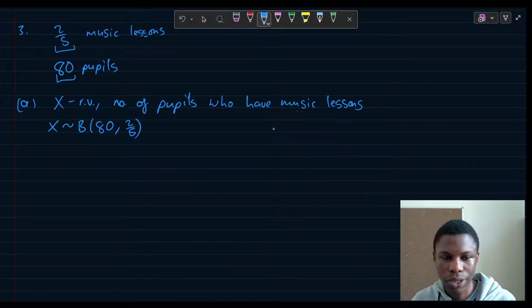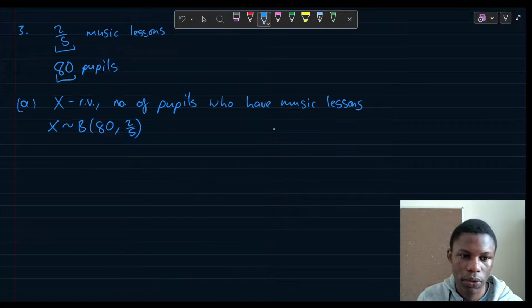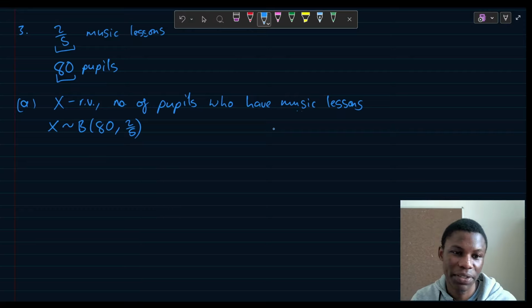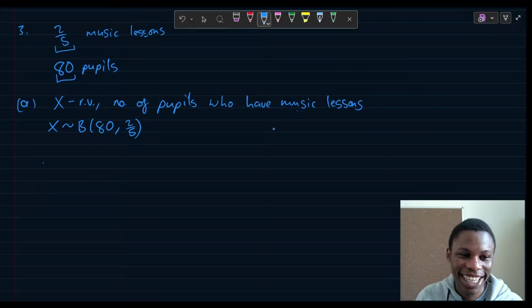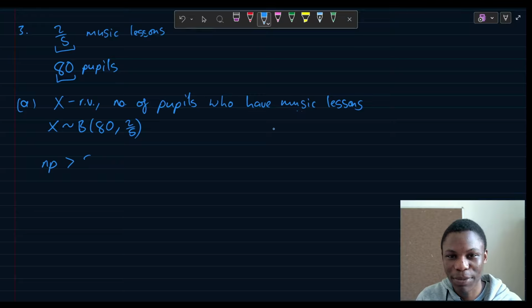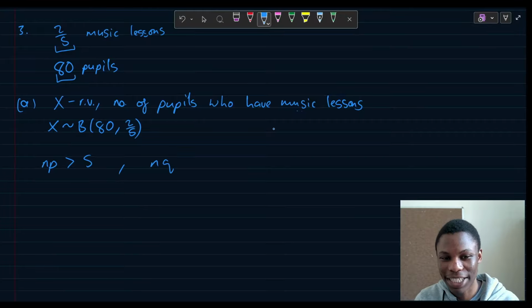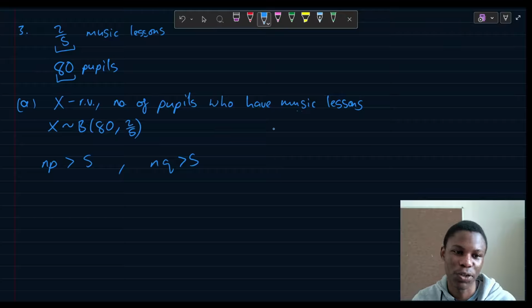And we're told to use an approximation. So I'm suspecting we have to use a normal approximation. Well, I'm not suspecting, I know, but just to check the conditions, we're going to check np has to be greater than 5 and nq has to be greater than 5. This is what we have to check. If these conditions are satisfied, then it is a normal approximation to the binomial.